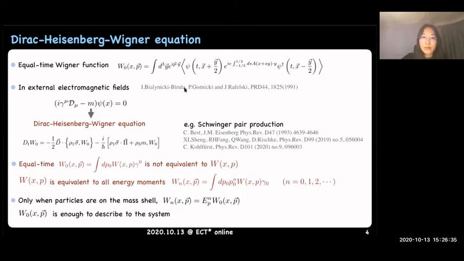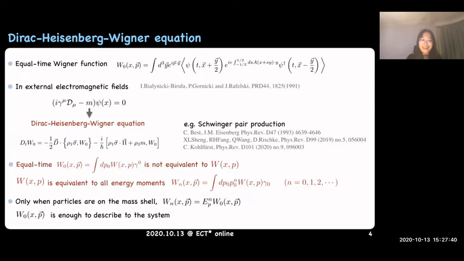Only when the particles are on the mass shell is the zeroth order moment of the equal time Wigner function equal to the covariant one and enough to describe the system.